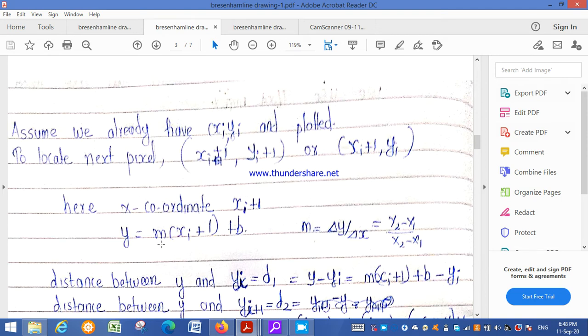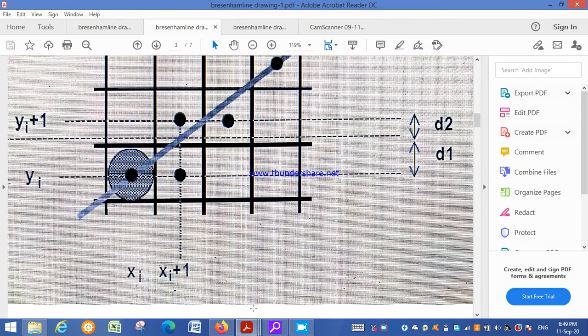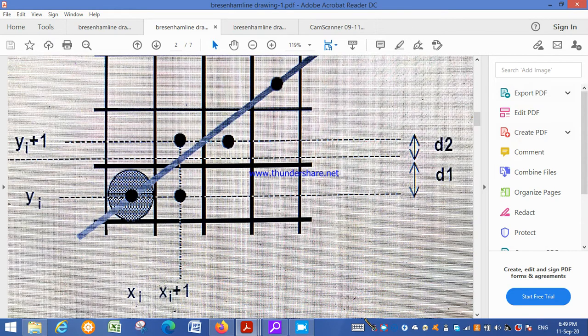So first we calculate the distances d1 and d2. d1 is the distance between y and yi, and d2 is the distance between y and yi plus 1. See the figure. d1 is the distance between this point y and yi, and d2 is the distance between this y and yi plus 1.